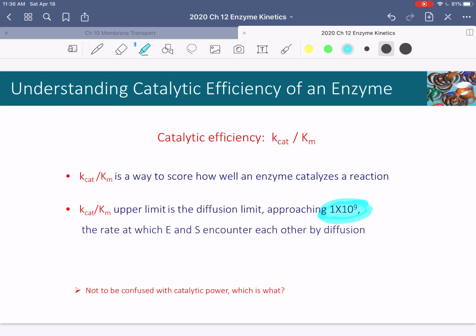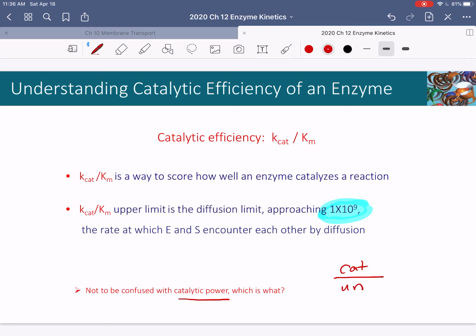Now, catalytic efficiency is one of those equations that you're going to have to use on the quiz and the exam. So don't get it confused with catalytic power. Do you remember catalytic power? Catalytic power was the catalyzed rate over the uncatalyzed rate.